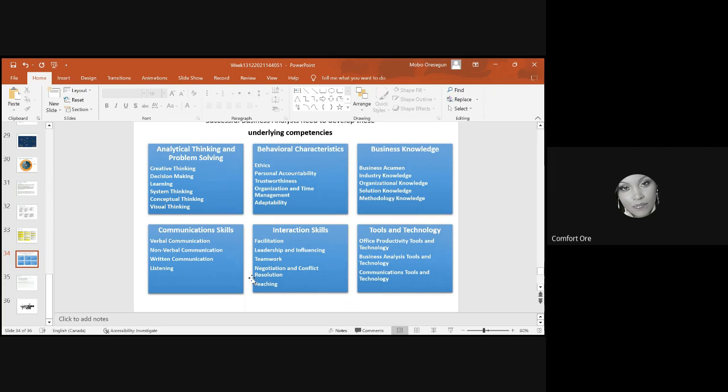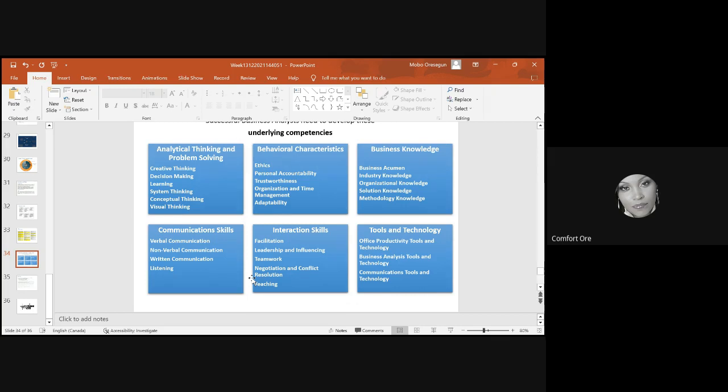Ability to actually write it out, coordinate your thoughts, and effectively deliver on those thoughts is essential. Interactive skills, I honestly call it a people management skill, be a facilitator.